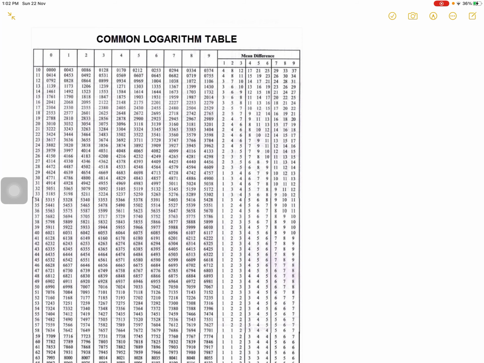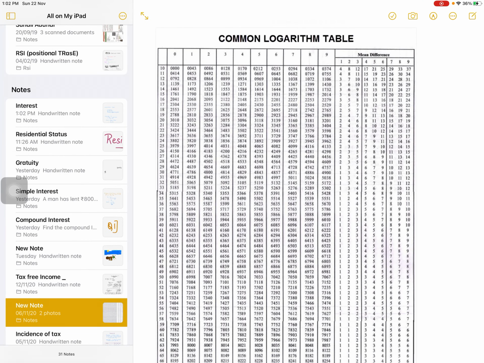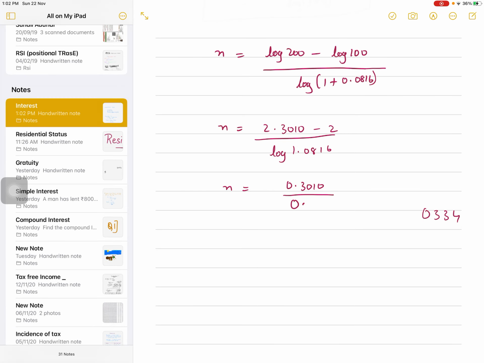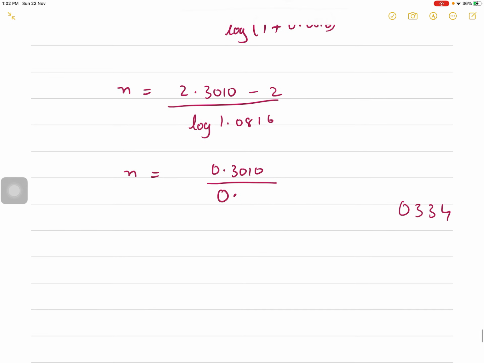In this case it is 4. Okay, so add 4. So plus 4, so it comes to 0338.